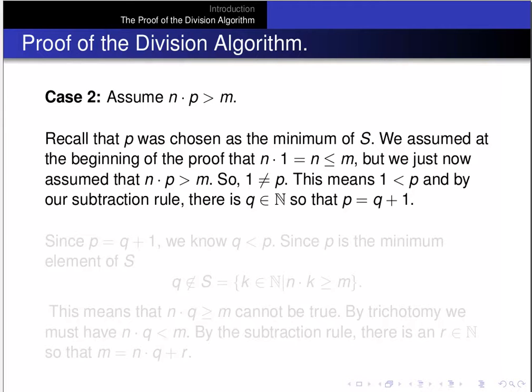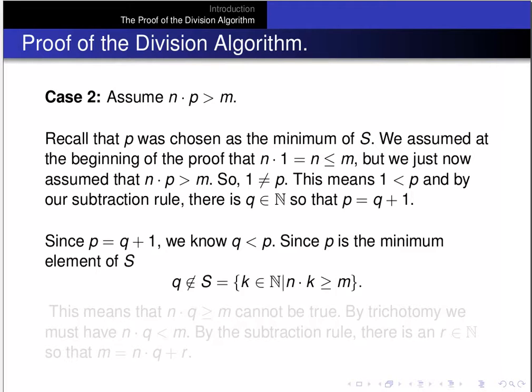Now here's where we're going to use the second property of p being the minimum of the set S. Since p is equal to q plus 1, q itself is smaller than p. And since p is the minimum of S and q is smaller than the minimum of S, q can't be a member of S. That was our restatement of the second property of being a minimum.